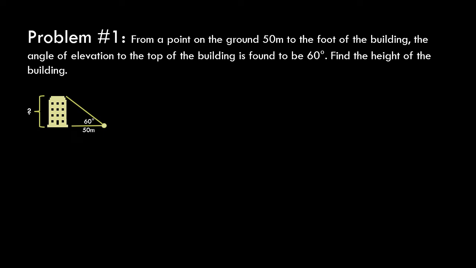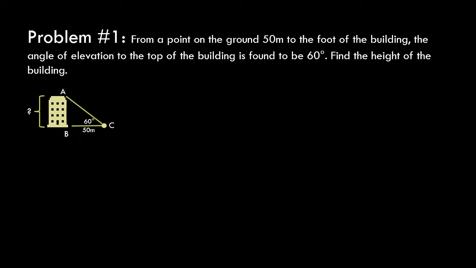So as you can see, the figure forms a right triangle. So for easier identification in our solution later on, we are going to label the edges as A, B, and C. So in problems like this, we use the trigonometric functions, which are the sine, cosine, and tangent theta.